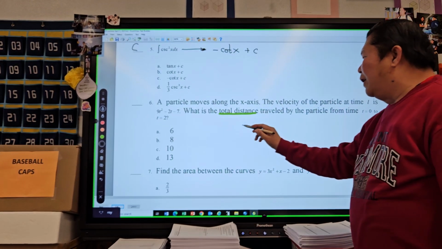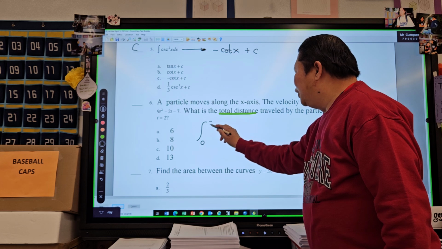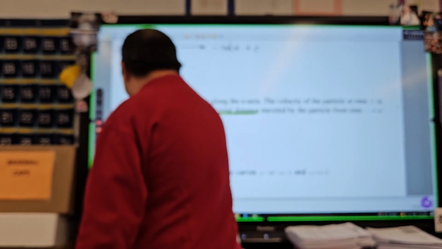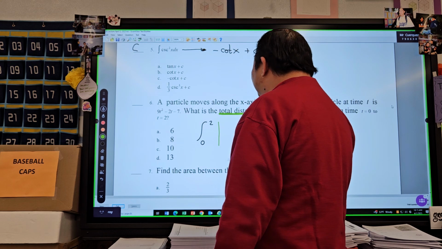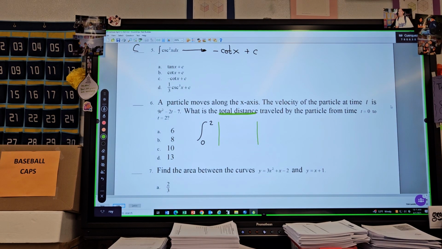The integral from 0 to 2. And you said a while ago, total distance is absolute value, right? So we have the absolute value of the given velocity.